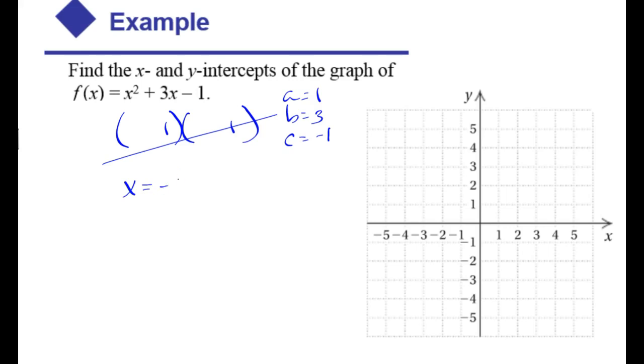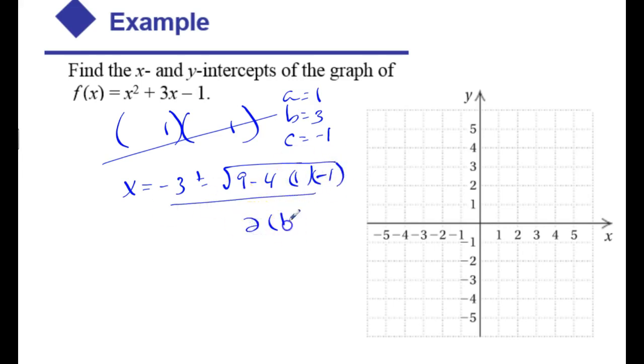Reviewing a lot in this video. -3 plus or minus the square root of. I taught the quadratic formula in a previous video as well, so you may want to review that. All over 2 times 1. So -3 plus or minus the square root of 9 plus 4, which is 13.